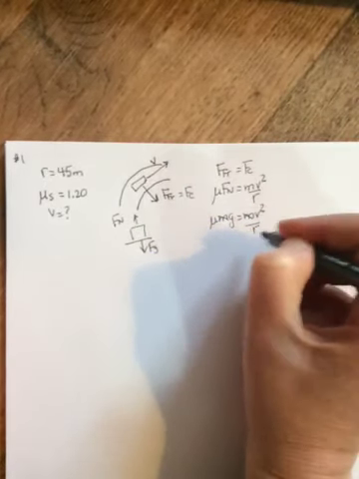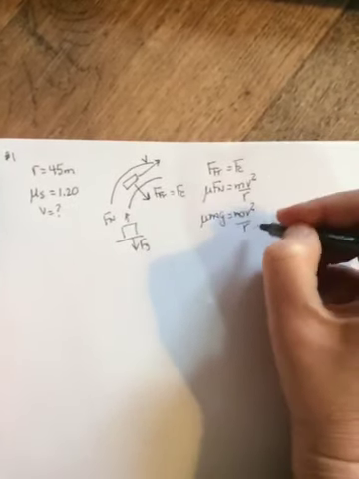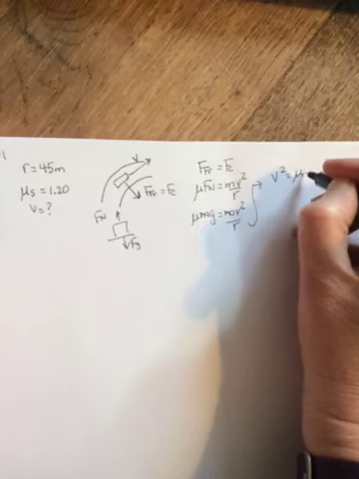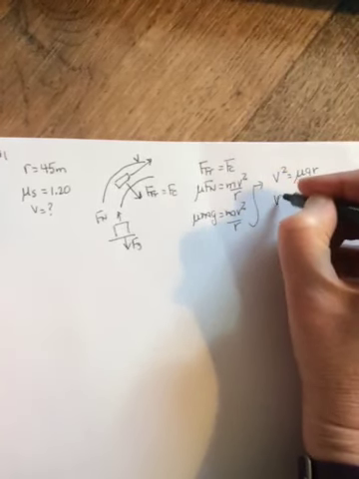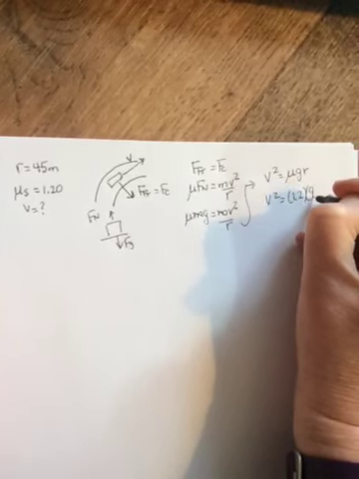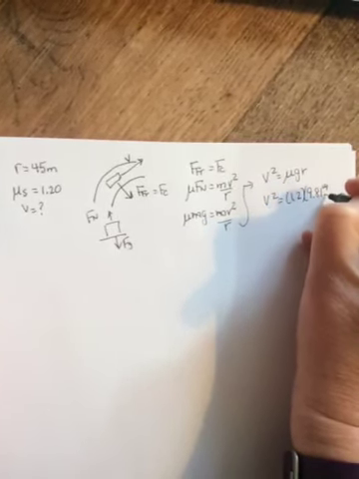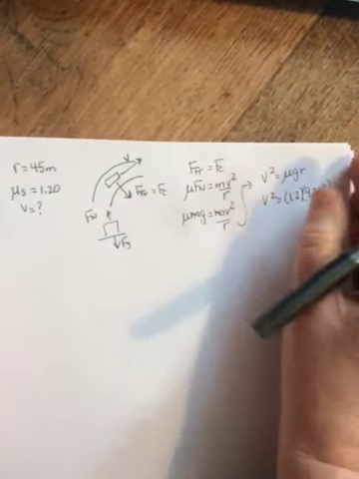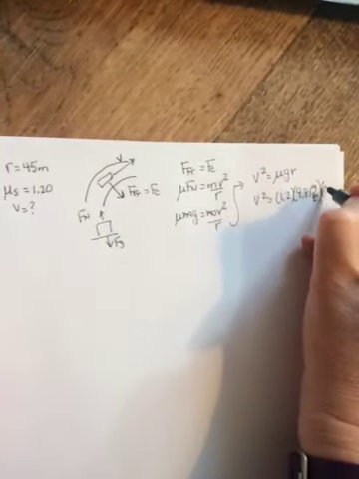And you're looking for v, so take your r up. So v squared is equal to mu g times r. So v squared is equal to 0.12, 9.81 meters per second squared, and your r was 45 meters.